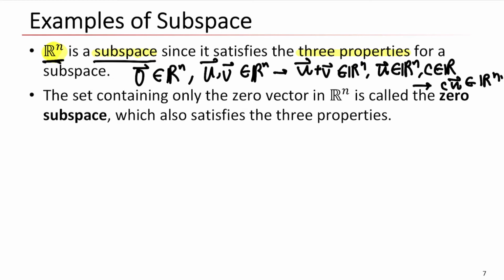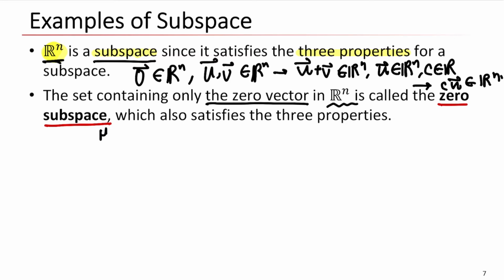And the set containing only the zero vector in Rn space is called the zero subspace. Why? To prove that, we can check that the zero vector satisfies the three properties.